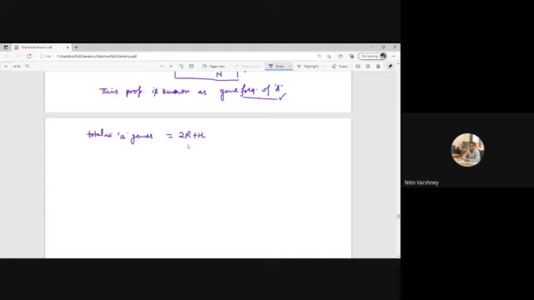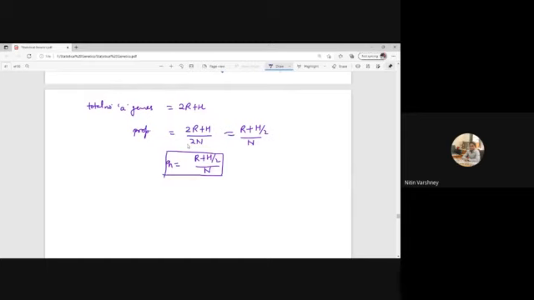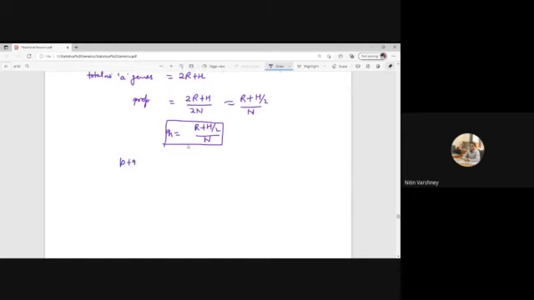So the proportion will be 2R plus H divided by 2N. I can write it as R plus H by 2 divided by N. So this is my Q. And we know that P plus Q is equal to 1.